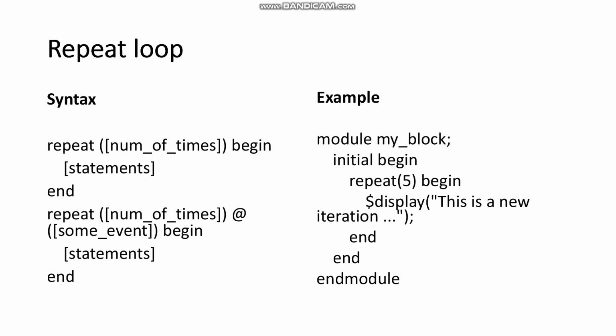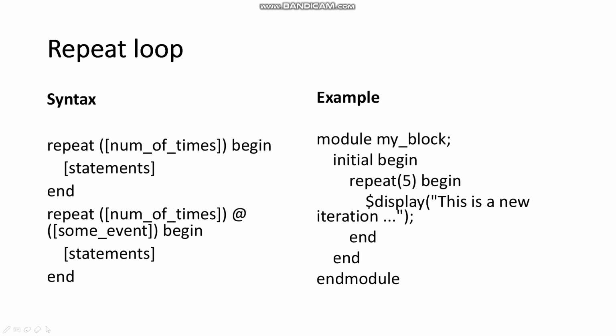Then begin, statements, because when I am going to execute a number of times I have to use the begin keyword, since there are multiple lines. After that I am ending with the end keyword. Example here: module my_block, the module name, initial begin. Next I am starting with repeat of 5 begin, $display "this is a new iteration".